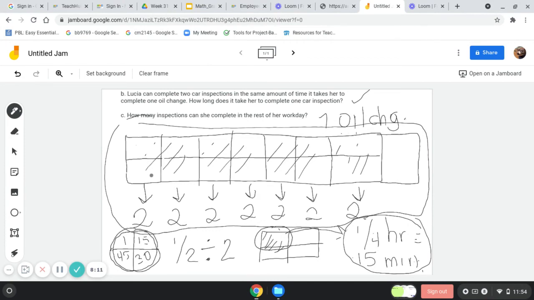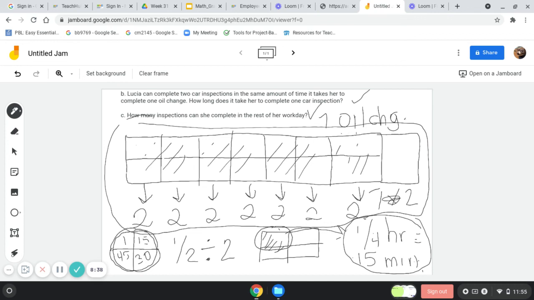So we have 1, 2, which I represented here, 2, 4, 6, 8, 10, 12, 14. So what we did was 7 times 2. So that means she can complete 14 car inspections during that amount of time.